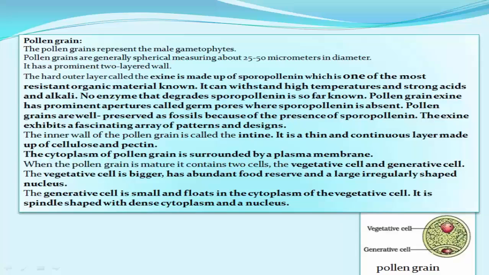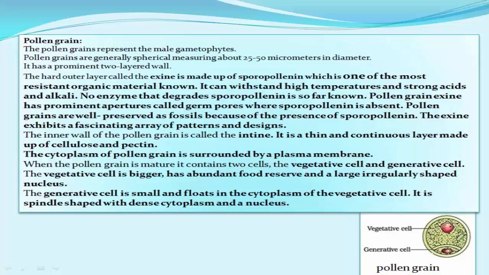So here it is referred to as gametophyte. The pollen grains are generally spherical in structure. The diameter of the pollen grain is from 25 to 50 micrometers, and pollen grains are covered by 2 wall layers.